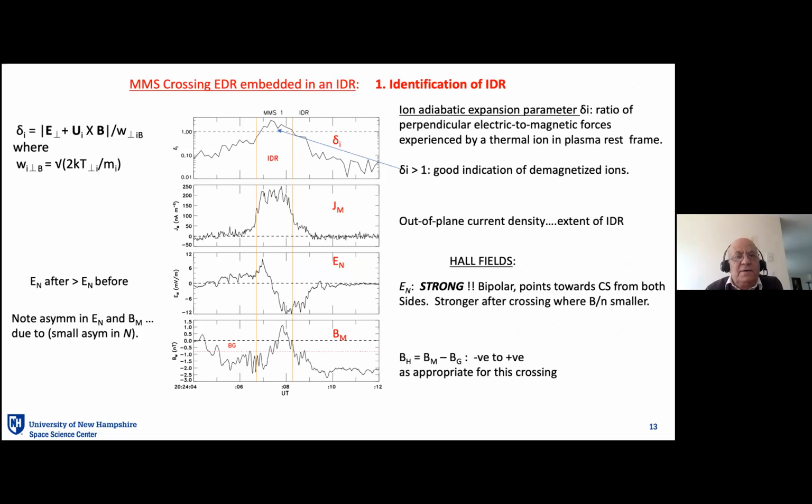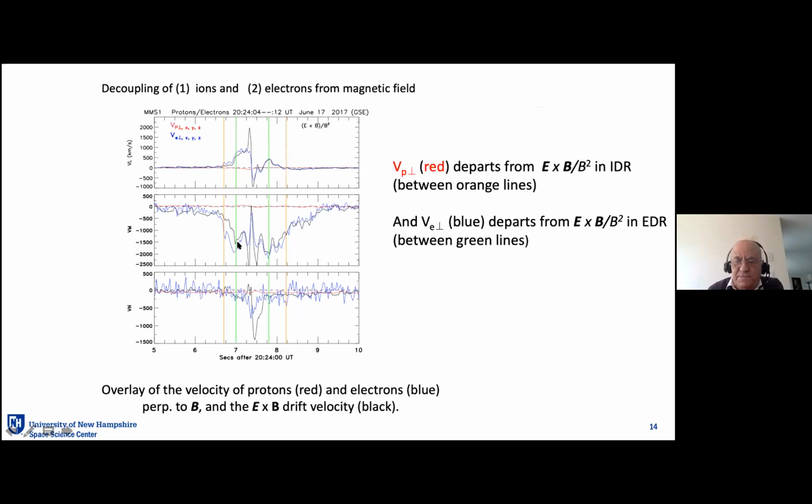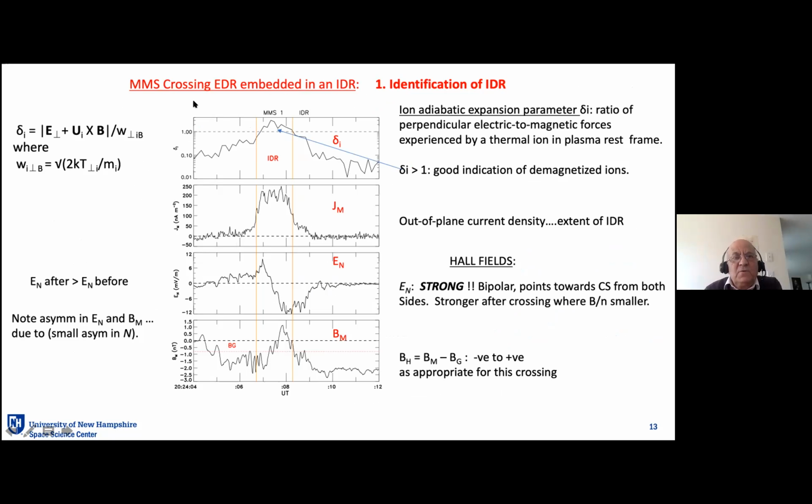And now we look at this figure here. We want to show identification of the IDR, ion diffusion region, first in this picture. First of all, we plot this ion adiabatic expansion parameter, the current density in the M direction, the normal electric field Hall, and the magnetic field in the out of plane direction.